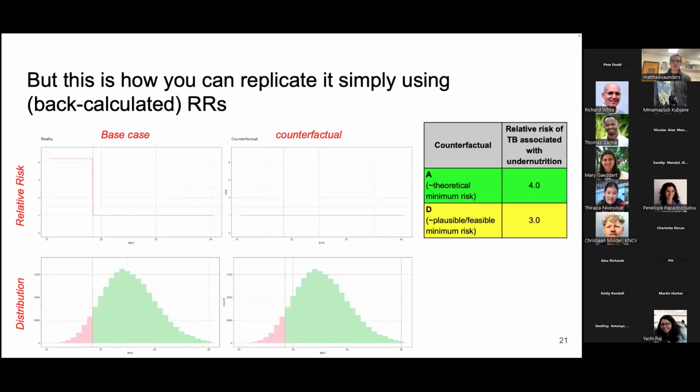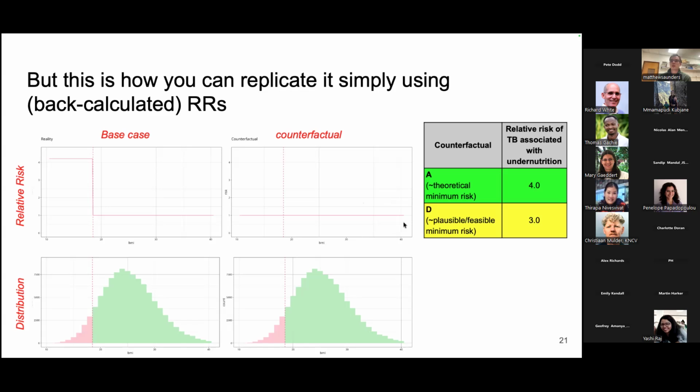But as Pete said, we can also do the opposite. We can replicate the same results more simply using back calculated relative risks. So here we have the distribution and that stays the same, but what we're changing is the risk function at the top from the base case scenario where we have an average relative risk in the undernourished group. And basically the counterfactual is bringing that relative risk down so that the undernourished have the same risk of TB as people above a BMI of 18.5.